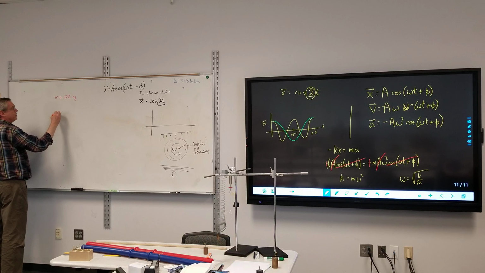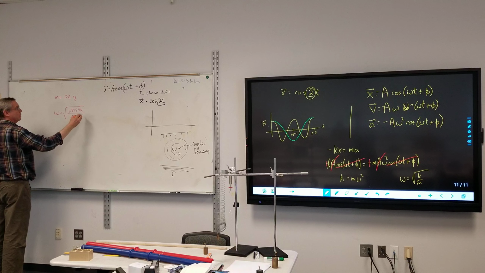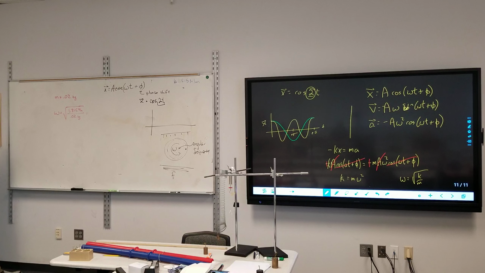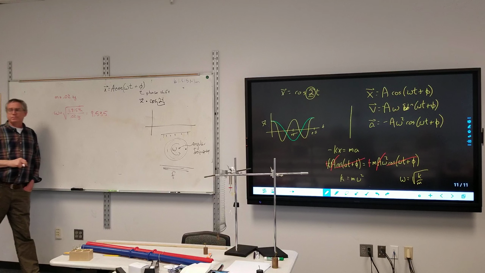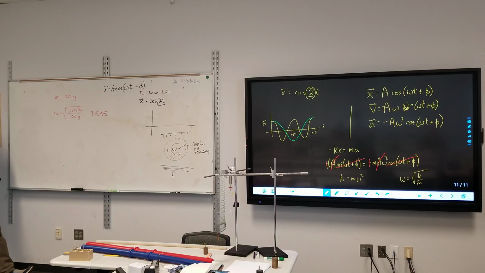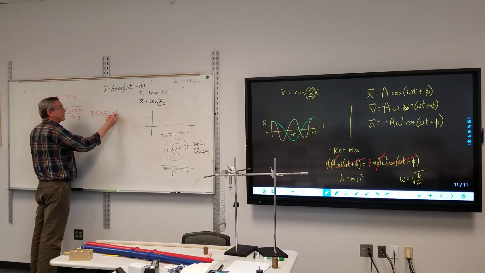So my angular frequency is the square root of 1.815 newtons per meter divided by 0.02 kilograms. And we get somewhere around 9.535, and units: radians per second.